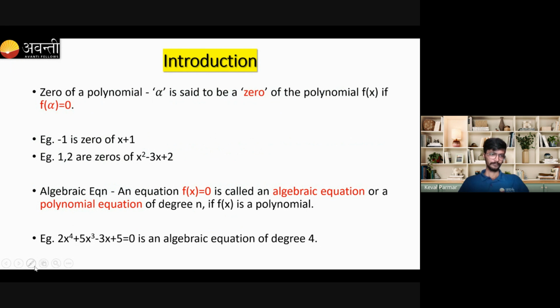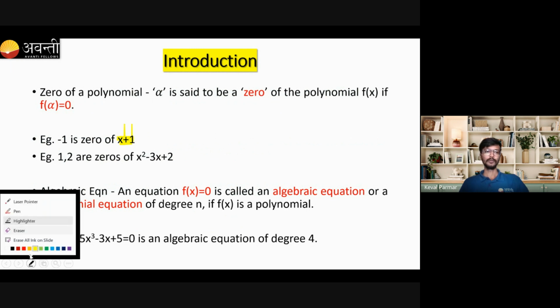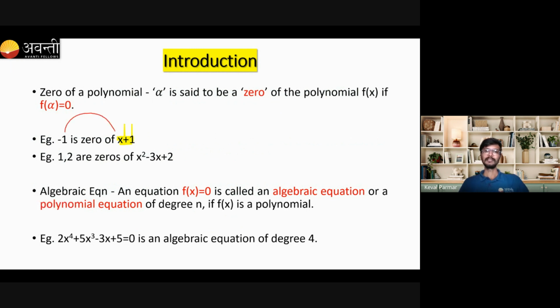Example, here you can see this is an expression. If I substitute -1 in this expression, I'll get 0. That means -1 is a zero of the expression. This is an expression. If I substitute 1 and 2 in this, I'll get 0. That means these are the zeros of the expression.